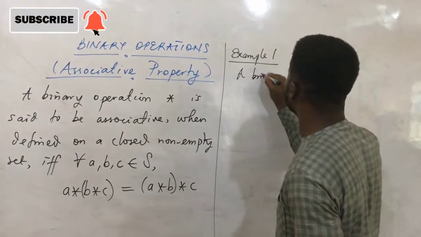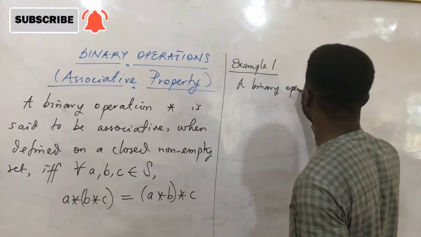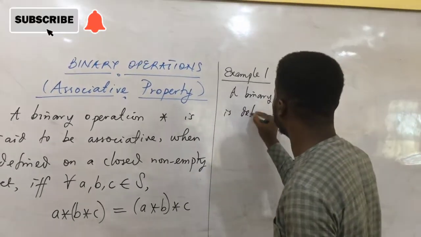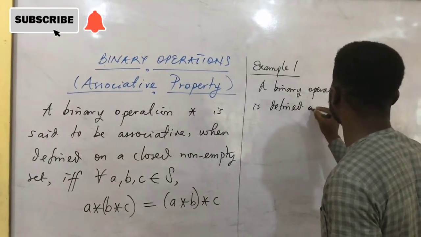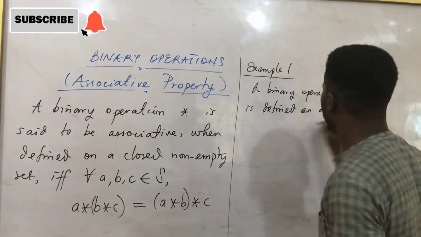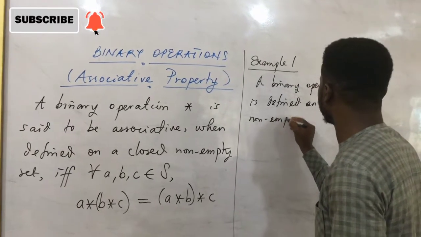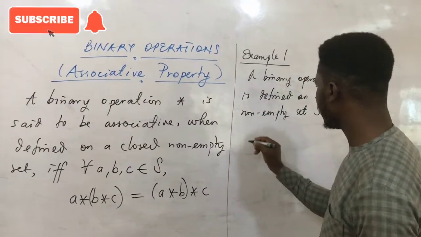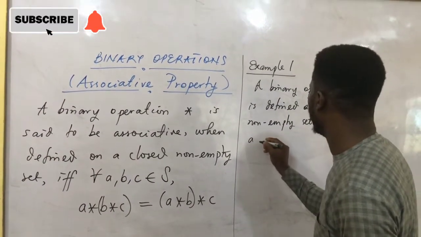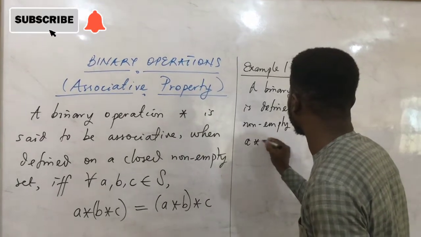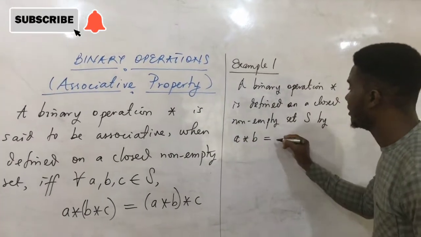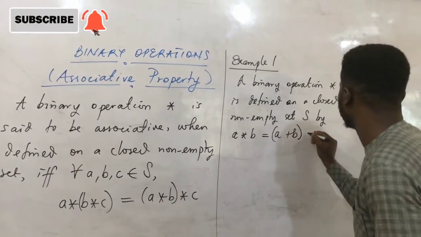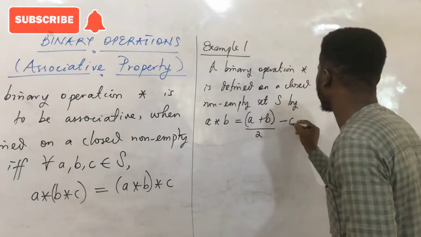A binary operation asterisk is defined on a closed non-empty set S by A asterisk B equals (A plus B) all over 2 minus C.